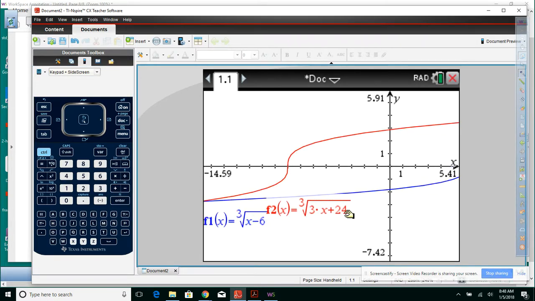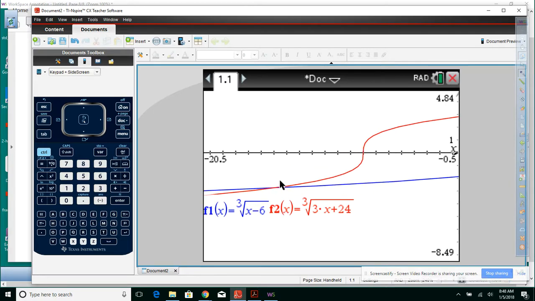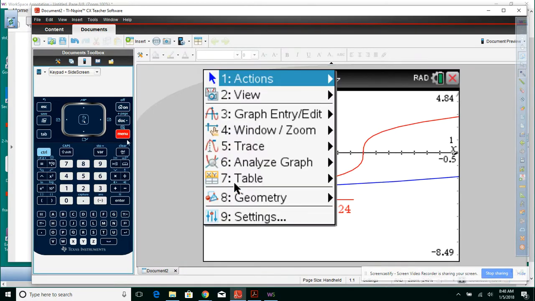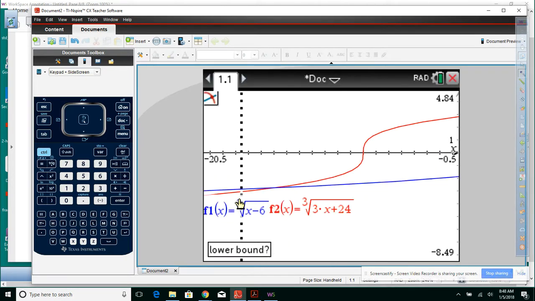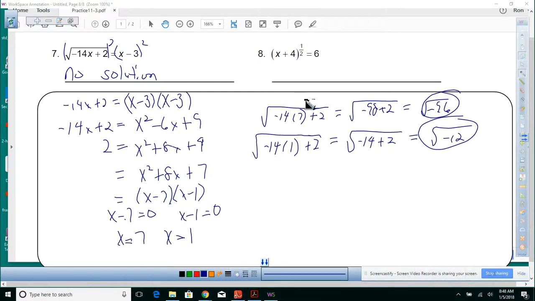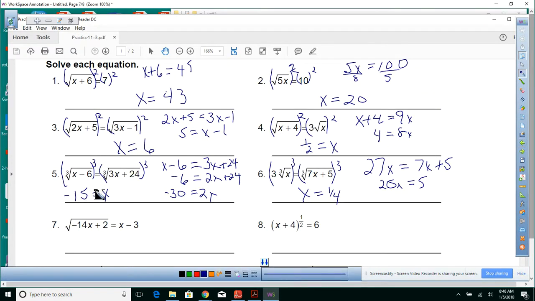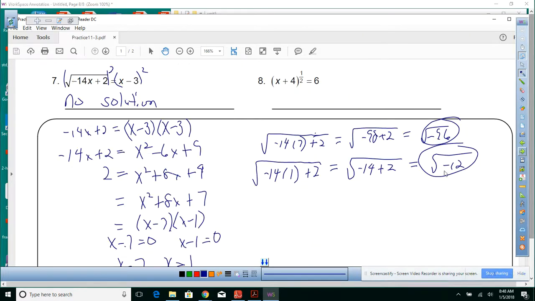Where do they cross? Right here. Menu 6, 4, and negative 15. Is that not what our solution was earlier? Negative 15 it was. We go back here, and it was negative 15 right here.